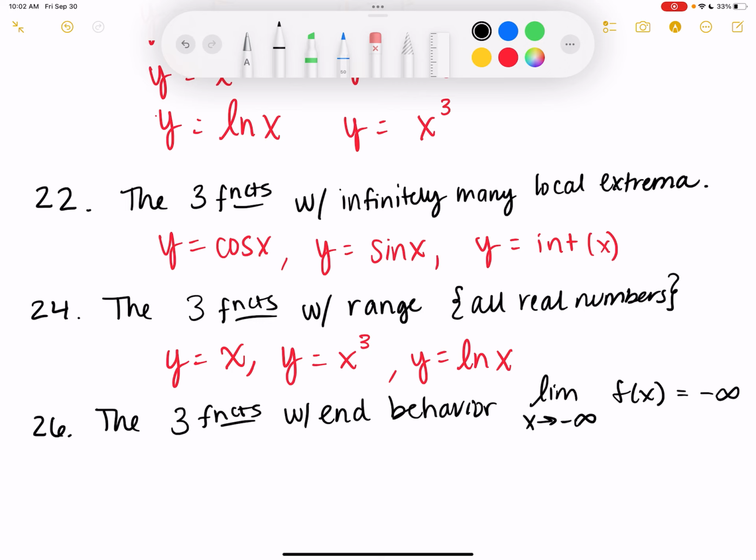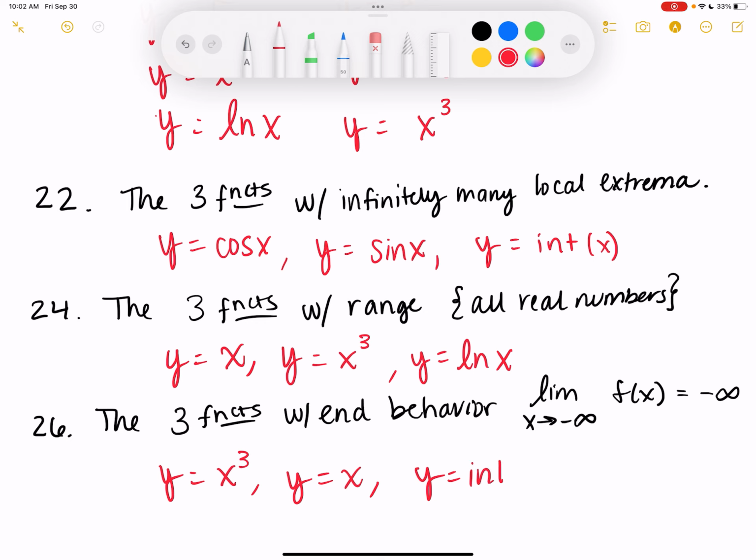Wait, would it be x cubed? Then y equals x cubed equals x? Oh yeah. And one more: y equals the greatest integer x. Oh, never mind.